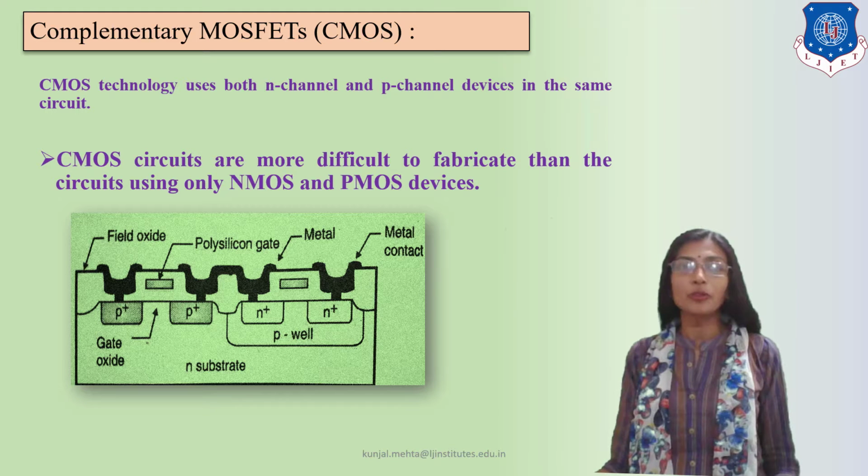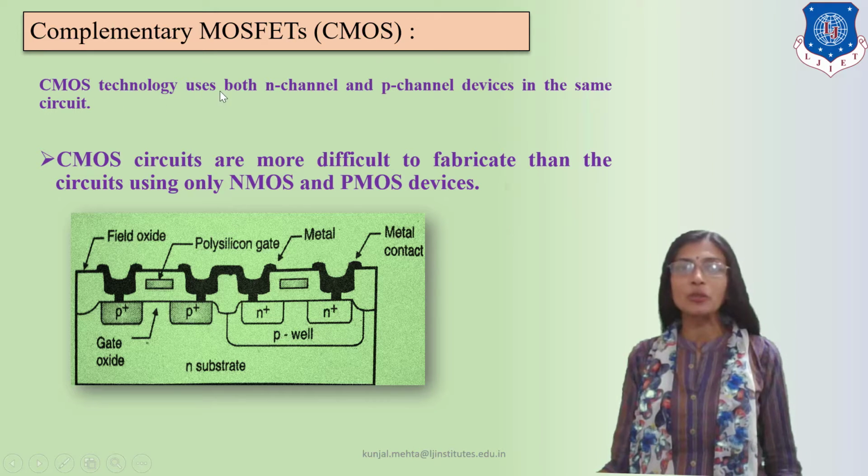First of all, for the basics of complementary MOSFET, that is CMOS, you need to understand the construction. Look at this. This is the construction of CMOS, which will have one substrate and P-well, heavily doped N plus region and P plus region. Actually, it is the combination of NMOS and PMOS.